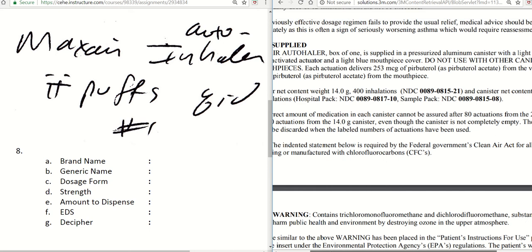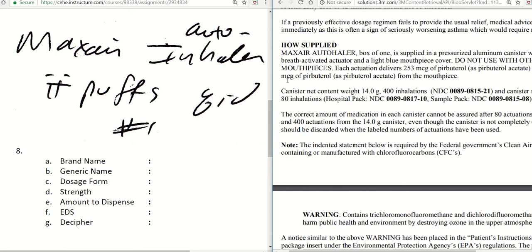Alright, so let me help you guys out with this one. So the information is Prebuterol. It's the generic. Dosage form, you can put MDI or metered dose inhaler.